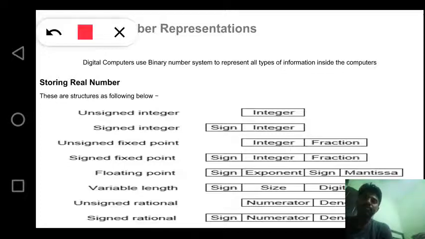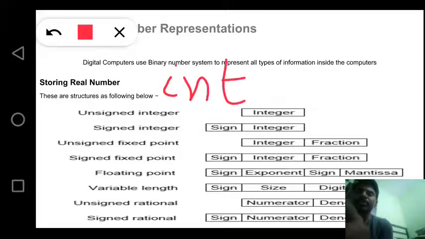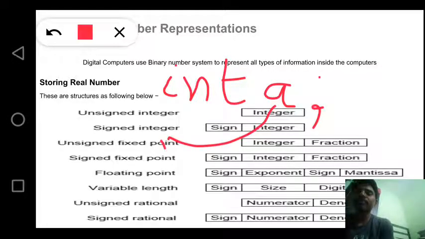If you want to represent a large range of numbers, then you go for unsigned. If you want a limited range of integers but the sign is also important, then you go for signed integer. And remember, in the C programming language or any programming language, when you declare a variable int a, the default one is signed integer, because by default it takes a sign.